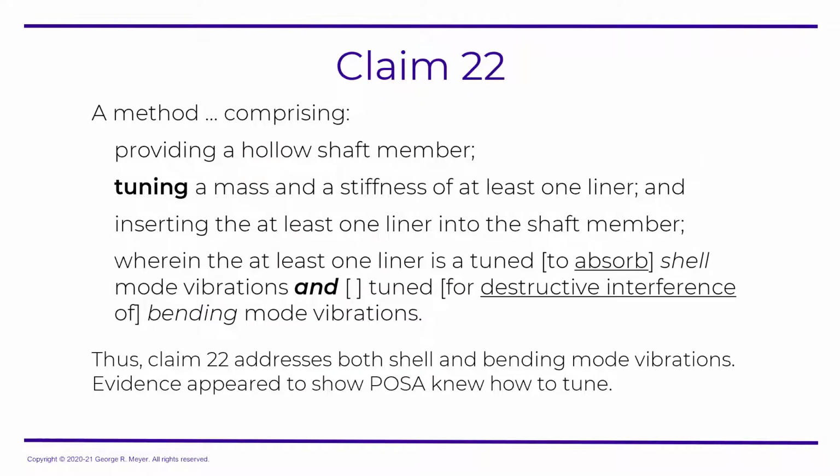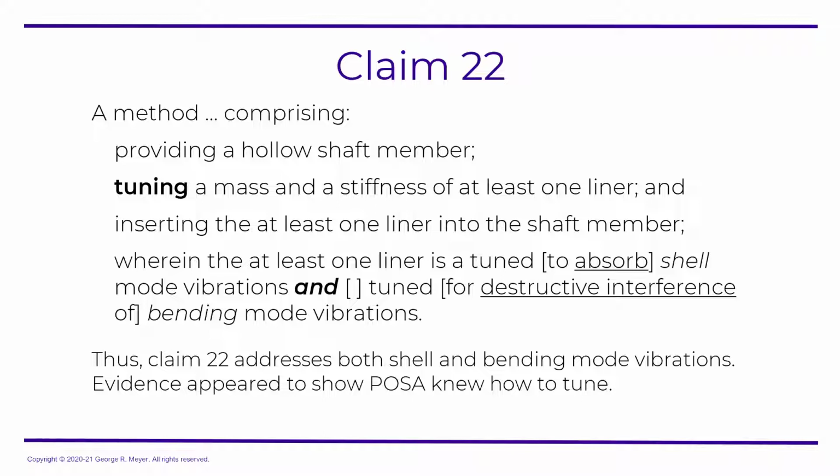Claim 22 was invalidated by the 3-judge panel, and Claim 22 is a method comprising providing a hollow shaft member, tuning a mass and a stiffness of at least one liner, and inserting the at least one liner into the shaft member, wherein the at least one liner is tuned to absorb shell mode vibrations and tuned for destructive interference of bending mode vibrations. Now the text within the brackets is my text.